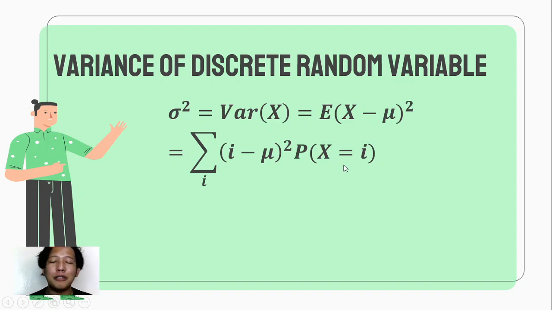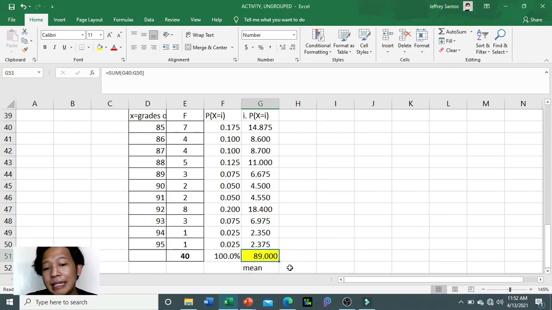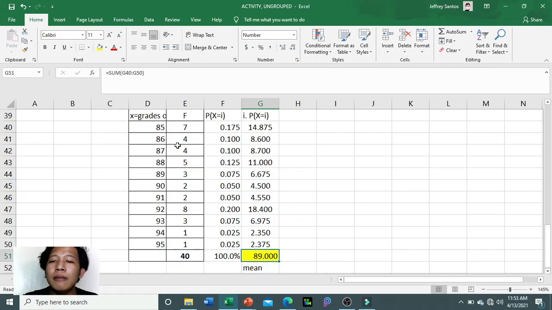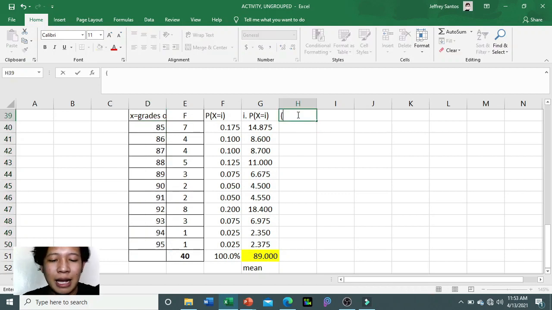So our mean is still important. Our mean is 89. What we are going to do is subtract it from the possible outcomes of our random variable, which in our data are the grades. So we have i minus the mean, squared.